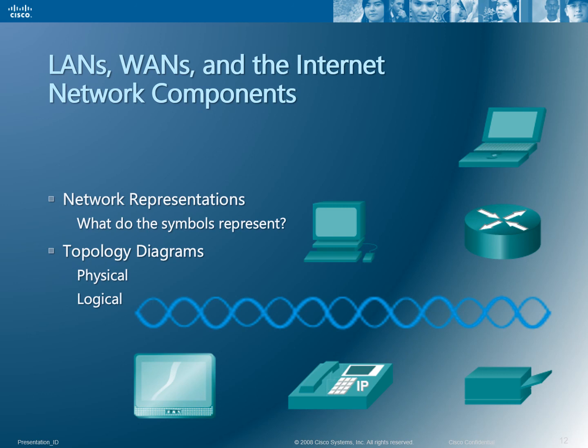These diagrams are important because we have to look at topologies. Topology is just a fancy way of saying layout or arrangement. Now, we have layouts and arrangements that we can look at in two primary ways: physical topology and logical topology. The physical topology of a network is the bird's eye view. If we walk into a room and we take a look at where the computers are laid out and things of that nature, how do we perceive that?